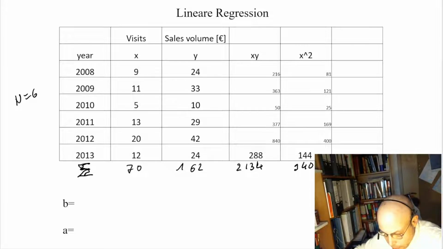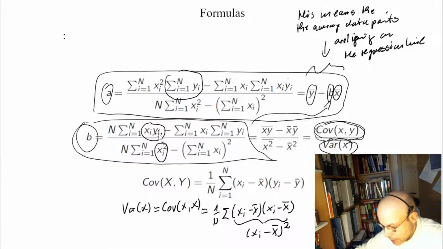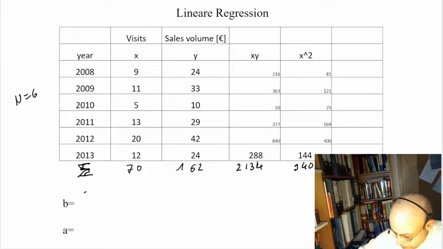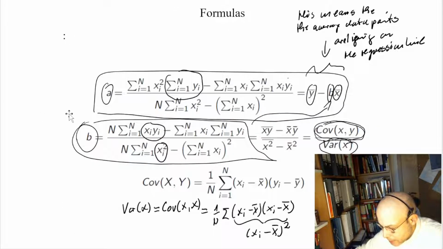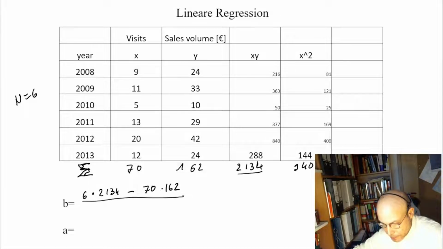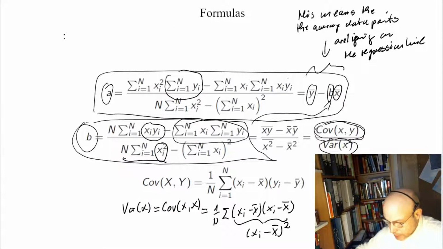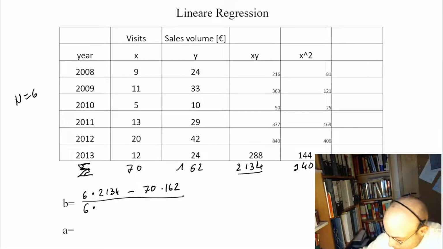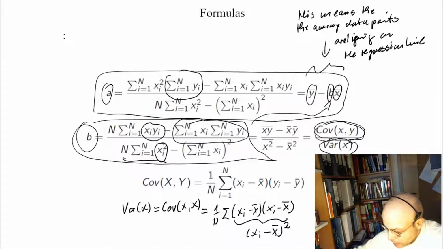So let's go to our formula. Then we have 6 times the product, 2134, minus the product of the sums of the values x and y, minus 70 times 162, divided by n times the sum of x squared, 6 times 940, minus the sum of x, this number squared.